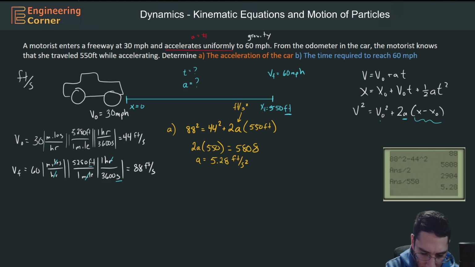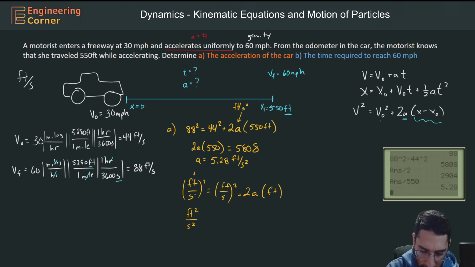And when we multiply it by a foot, we have a foot per second squared is equal to, not is equal to, plus 2 times acceleration times a foot. So we'll have a foot squared over a second squared.